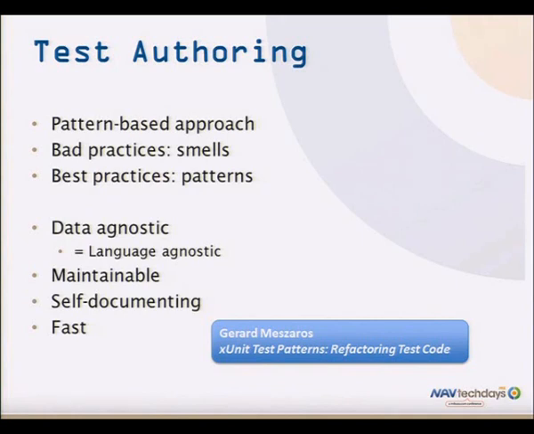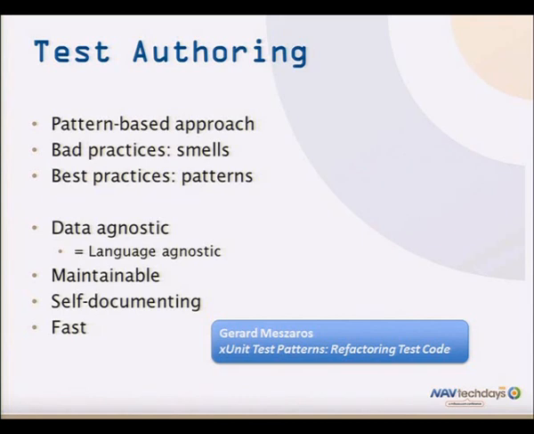So a good pattern is, for instance, instead of duplicating code for the creation of a sales invoice, you could create a function that will do it for you, and then you just call that function. And by naming these smells and patterns, it gives you a vocabulary that you can use when reviewing each other's code, or when talking about certain problems and how to solve them.